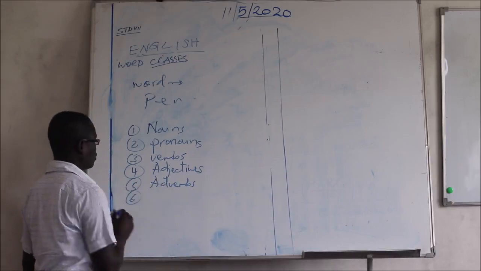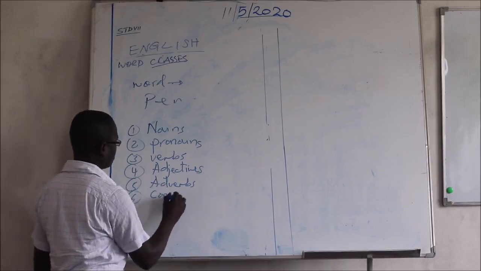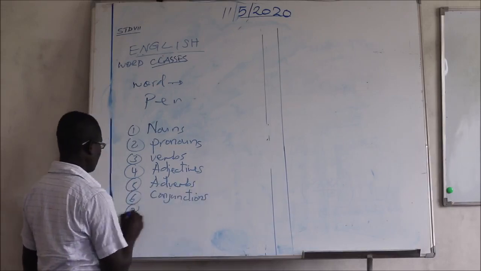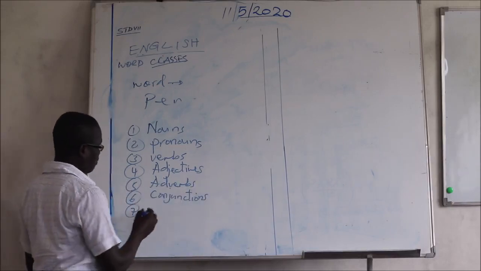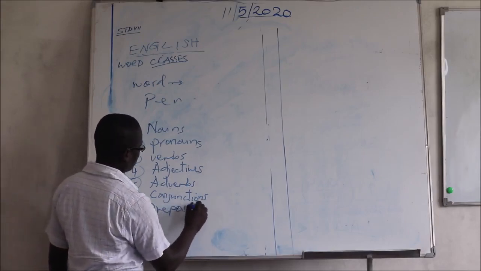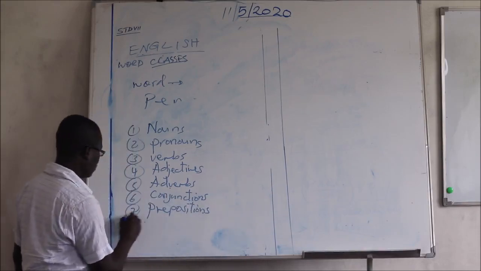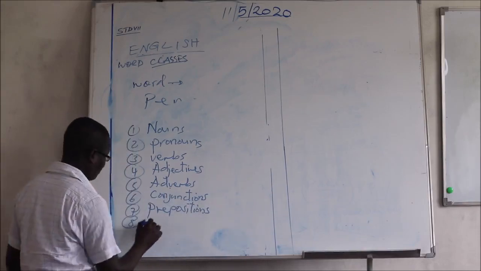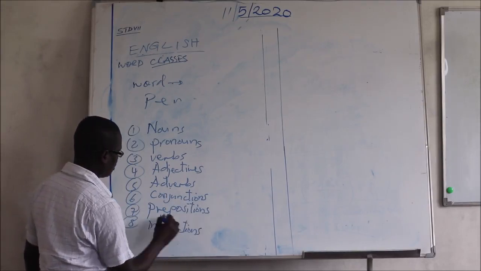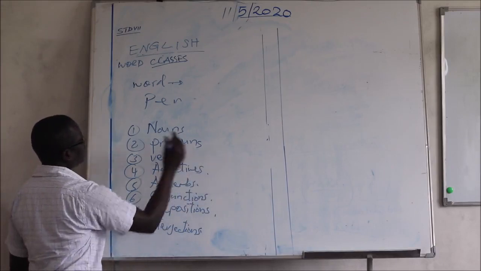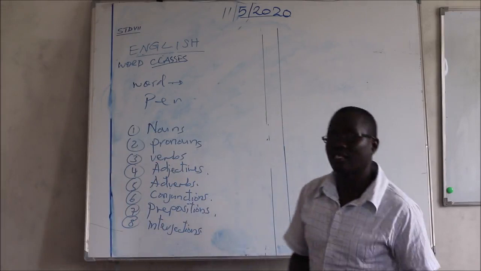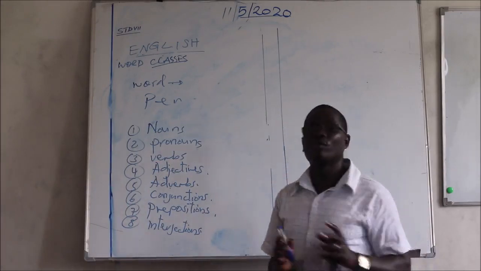Number 6, conjunction. Number 7, preposition. And finally, we have interjection.